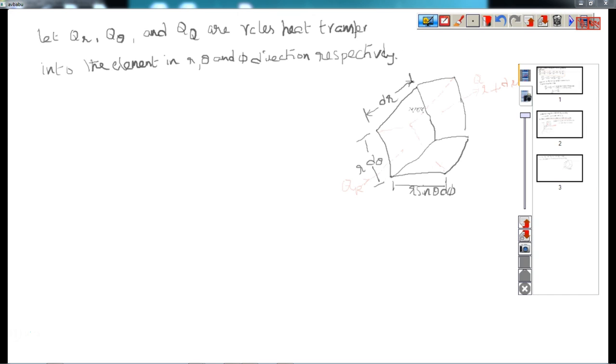Let's take it entering in this direction, theta. Okay, this is Q theta, and it is leaving in this direction.